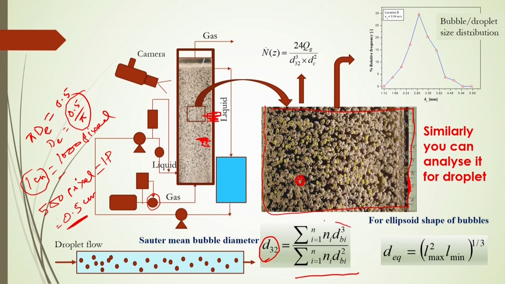After substitution you get dB32, the mean bubble diameter, called the volume to surface area mean diameter.